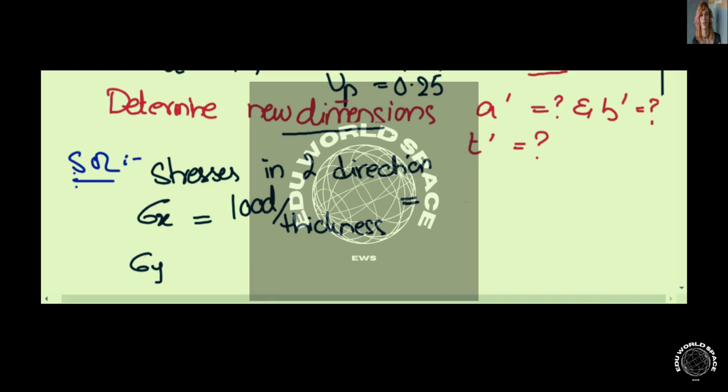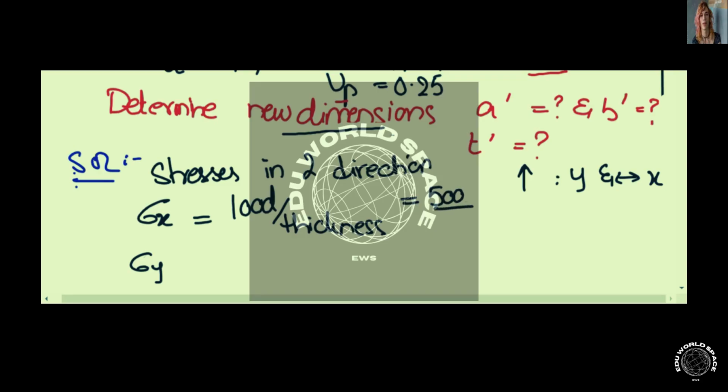First, we need to figure out our directions. So let's say that the upward direction is the y-axis and the horizontal direction is the x-axis. The load that is being applied in the horizontal direction is 500.